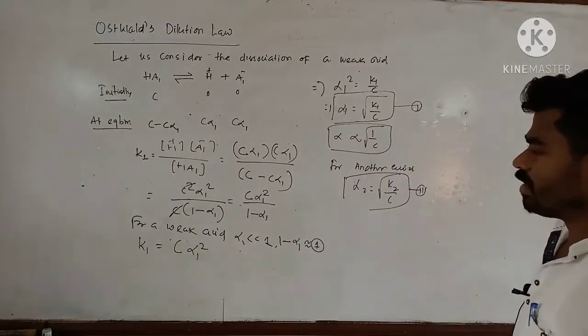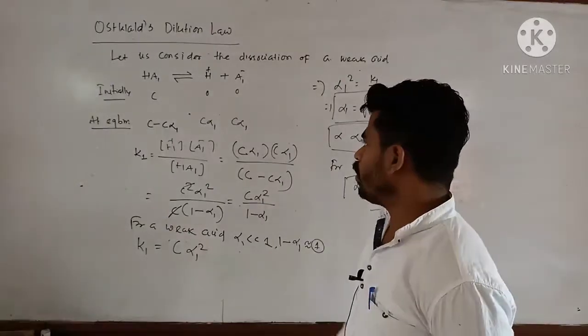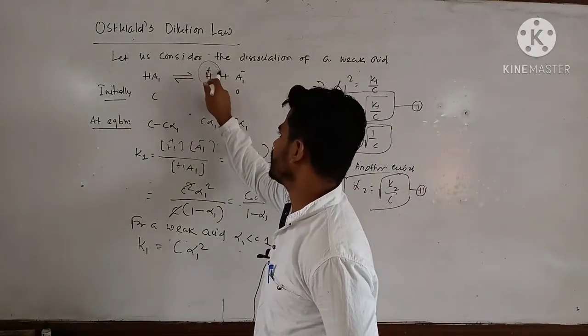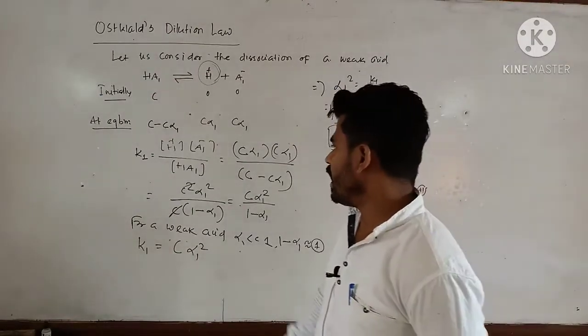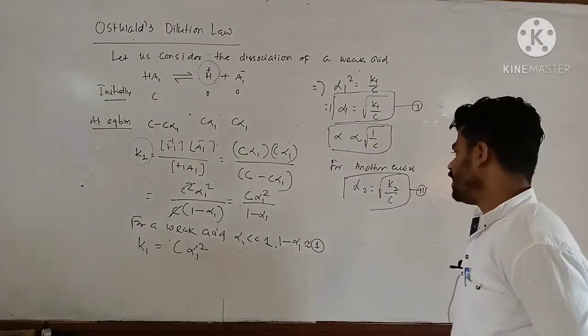So if I compare the strength of an acid, the more the extent of ionization, the more the degree of ionization, the more will be the concentration of H plus ion. Again, the more will be the ionization constant and the stronger will be the acid.